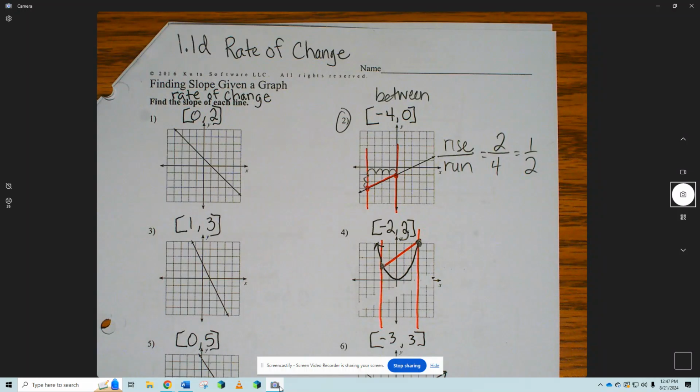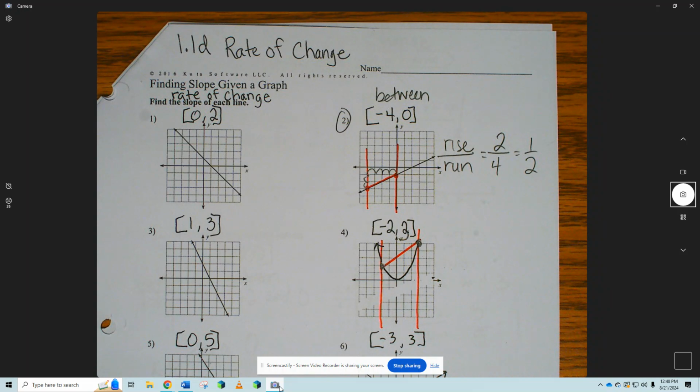Okay, stop. Will you be able to do 1 through 8? These tell you where you start and where you stop. So you draw your lines. And then you connect and rise and run.